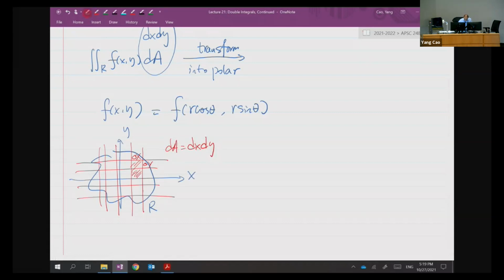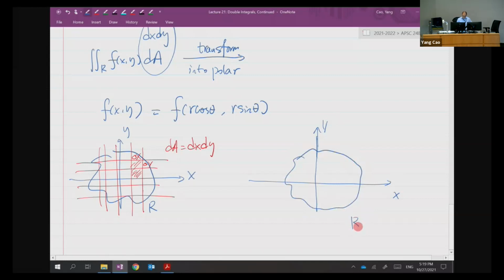So we should consider a similar approach under polar coordinates, given the same region R. Suppose you have the same region R here. If you look at the way in Cartesian coordinates how we cut through the region R, we draw lines in the direction of the x and y axes.